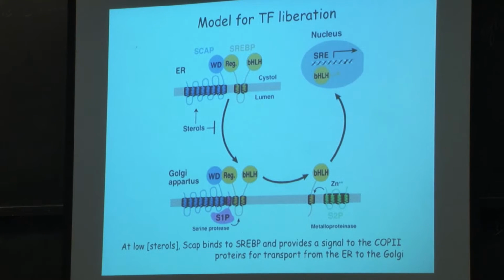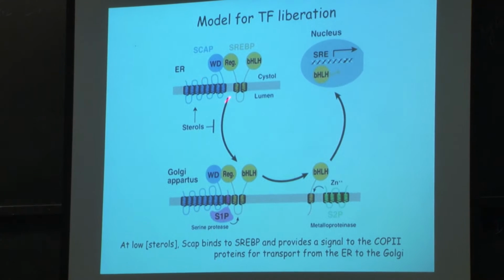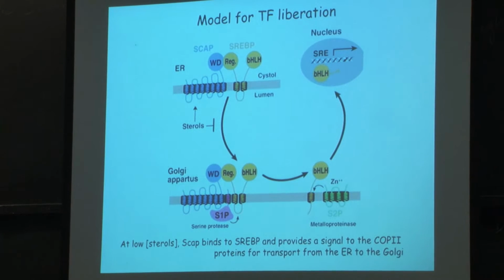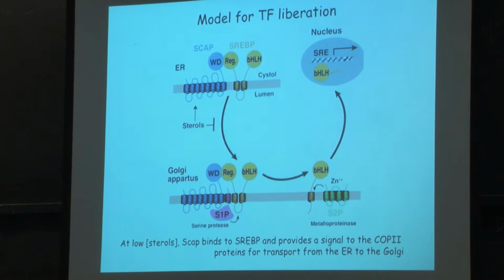SCAP, that's this guy. Okay, so SCAP, that's a key player. That's what we talked about. I know the names are all confusing. You're going to need to write these down to remember. So the SCAP SREBP, whatever you would call it, complex moves to the Golgi apparatus, right? And then part of it's cleaved.